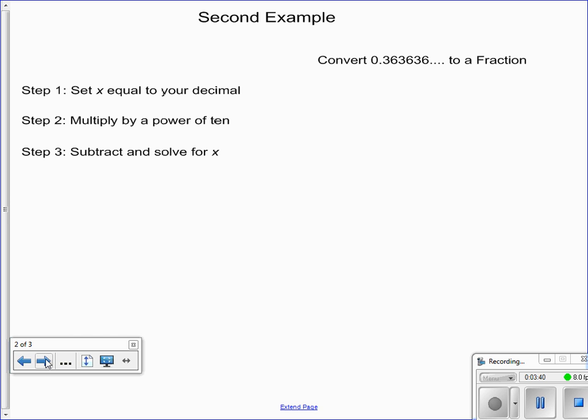So let's set x equal to my decimal. First step here. Do that here in green. So I'm going to go x equals 0.363636. Next, I'm going to multiply by a power of 10. Now, here's where you get to figure out what power of 10 to use. I want to multiply by a power of 10 so I can subtract and get nothing but a whole number left.